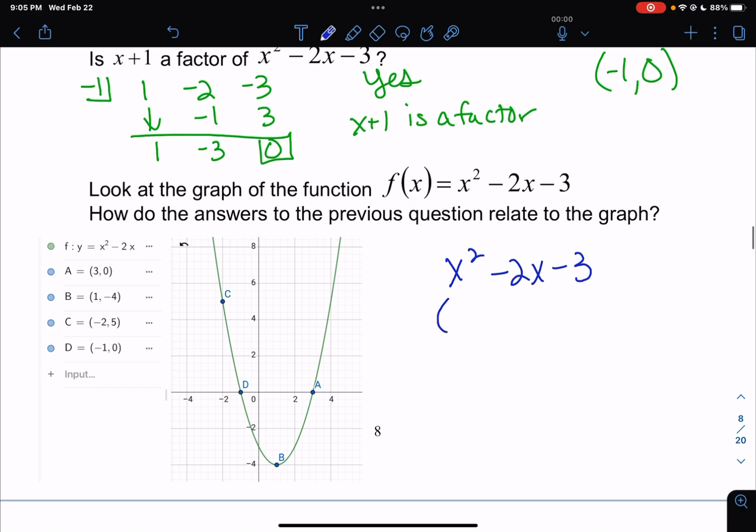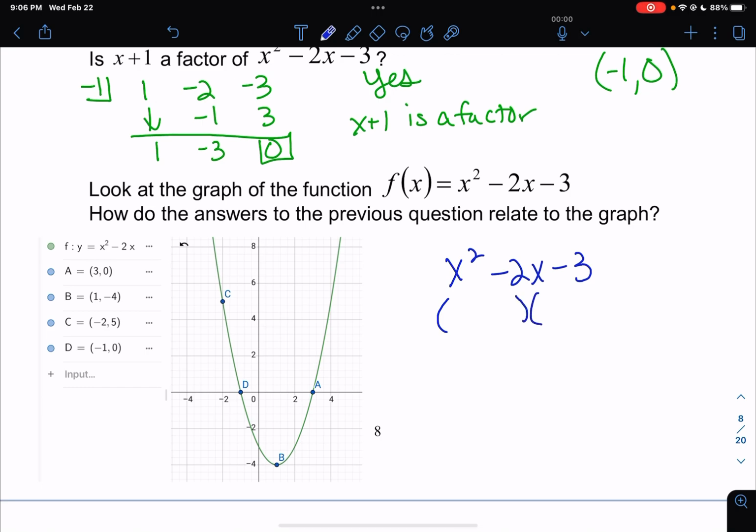It's a trinomial. It's an x to the second power. That means it could have 2 factors. It also means the graph can cross through the x-axis up to 2 times.